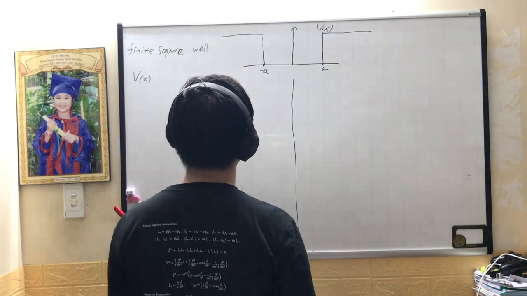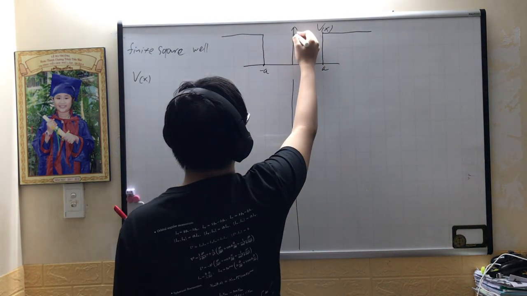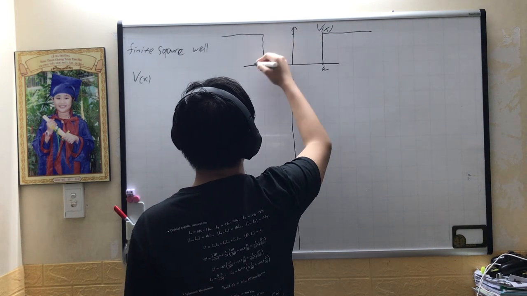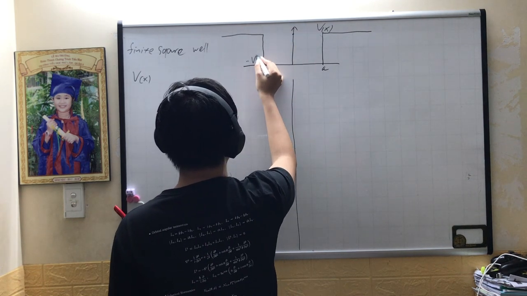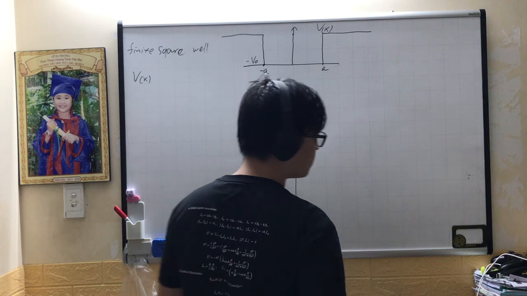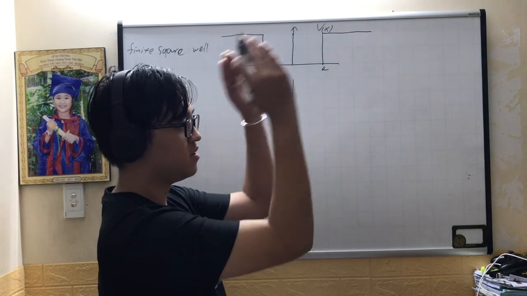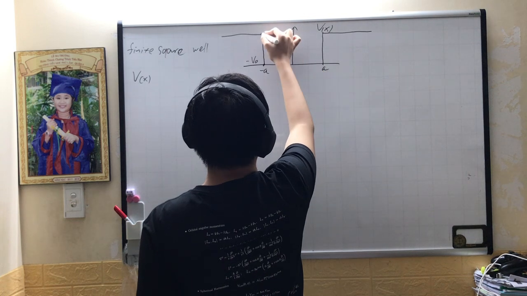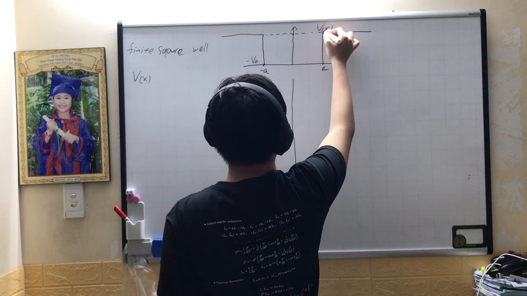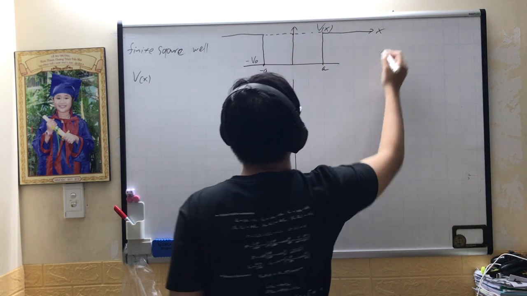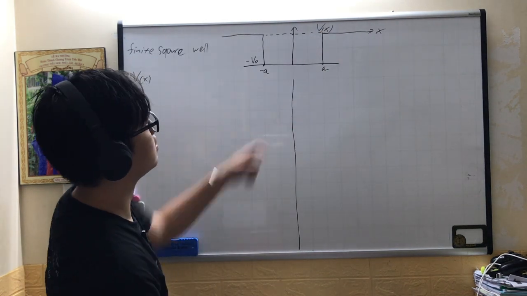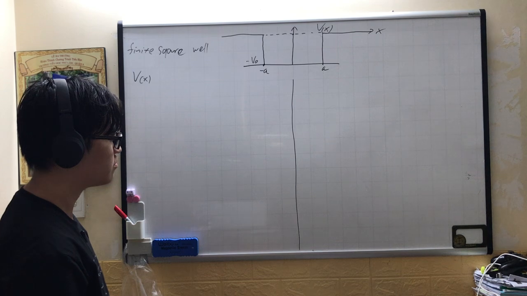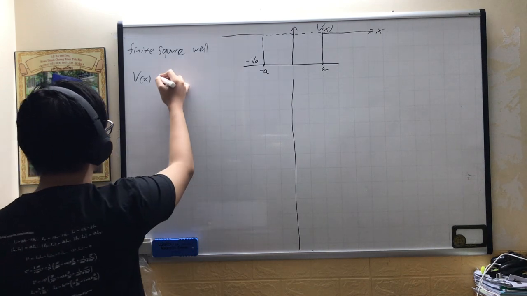And to make it even easier, take this to be minus V naught, so it would be a well instead of walls. And this is your x-axis right here. Your x-axis would be there instead of here. So this would be easier for you to do.